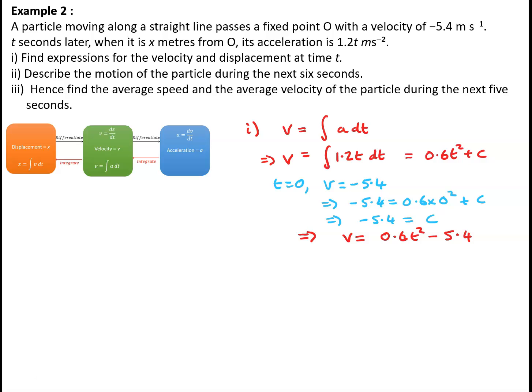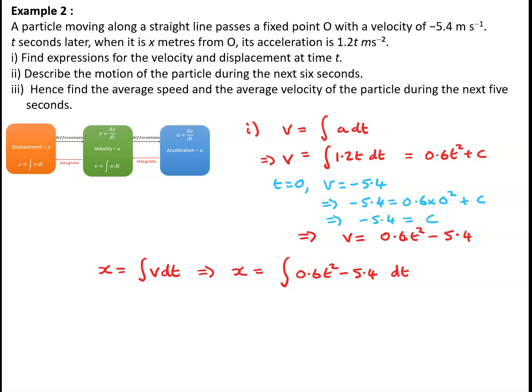We also know that to obtain the displacement from the velocity, we need to integrate again. So we've got that x is the integral of v. In this case, x is the integral of 0.6 t squared minus 5.4. 0.6 t squared integrates to give me 0.2 t cubed. 5.4 integrates to give me 5.4 t.